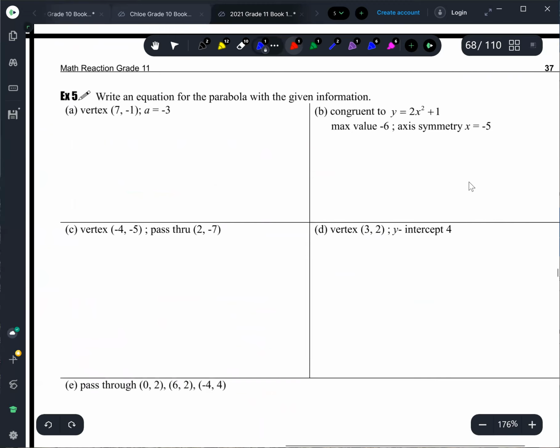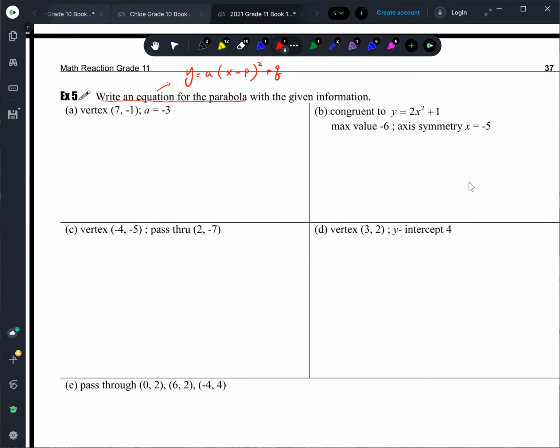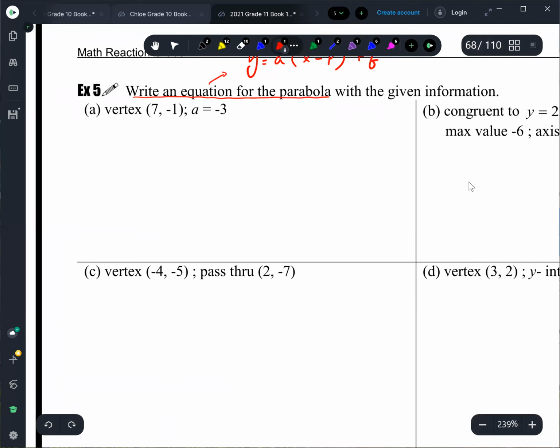So the instruction here just says, write the equation for the parabola. So here, we just need to leave it in standard form: y equals a(x minus p) squared plus q, okay, with the given information. So question A, I'll demonstrate the first one.